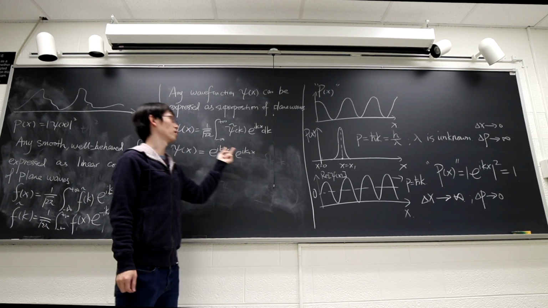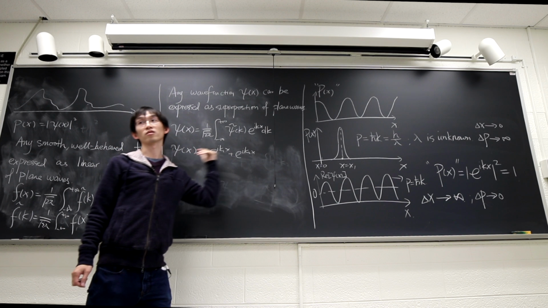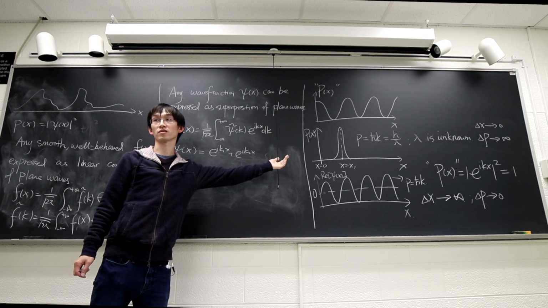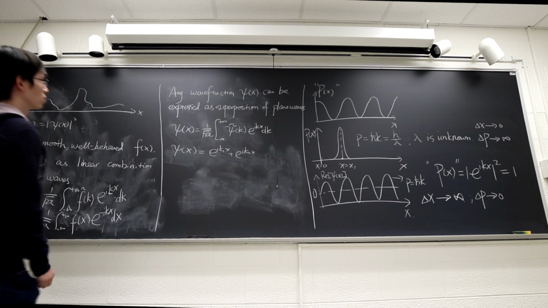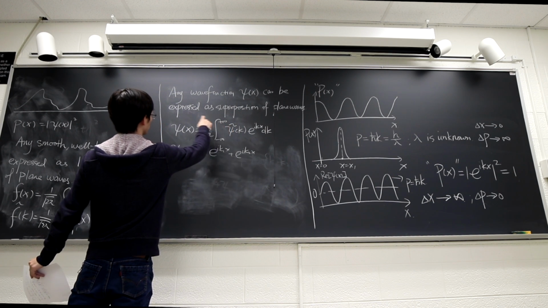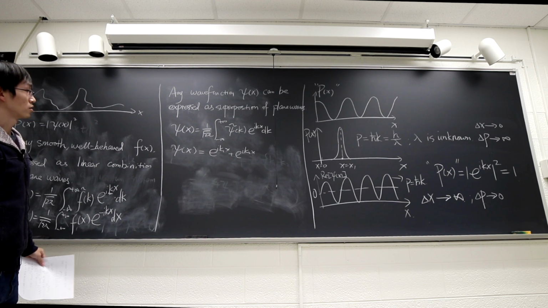This Fourier transform is just an extension of this, extended to an infinite number of plane waves. The squiggle on top of the wave function just denotes that this is the Fourier transform of the original.